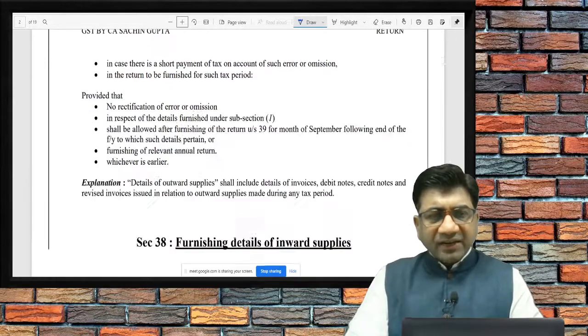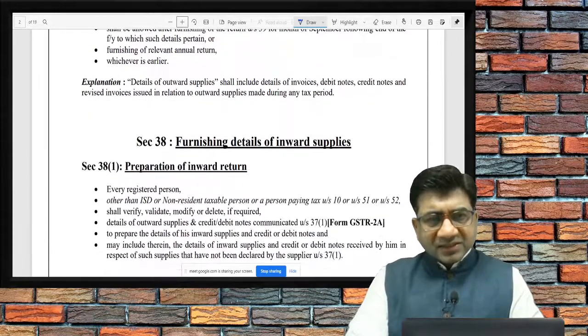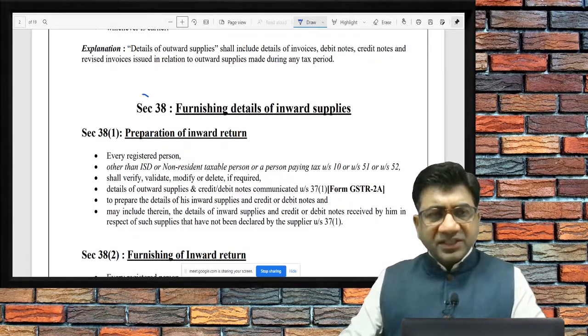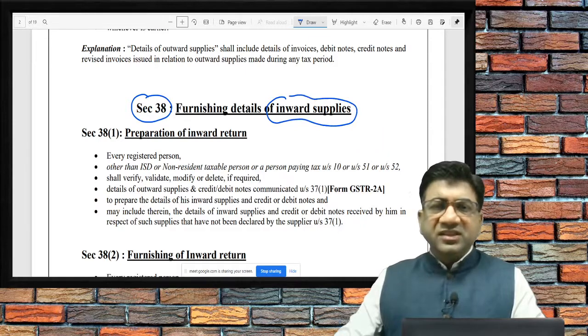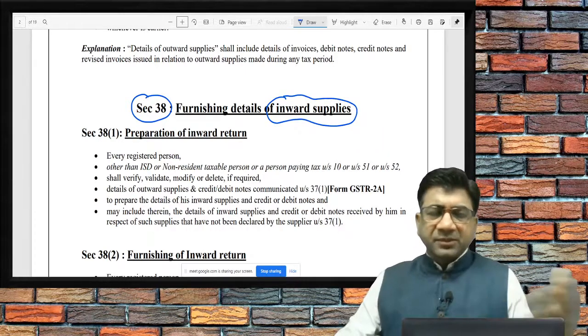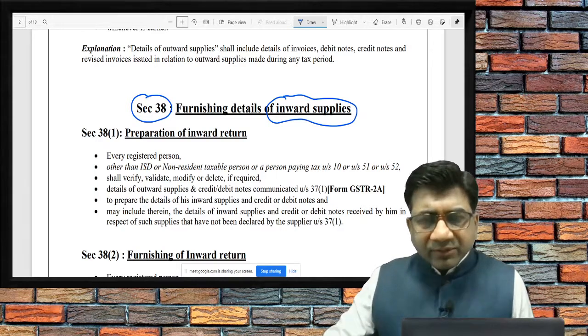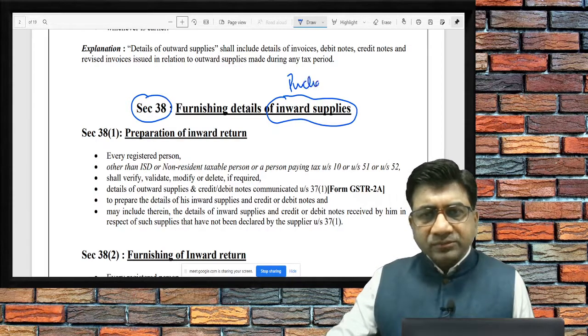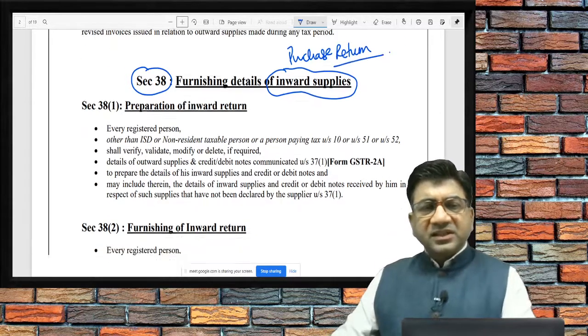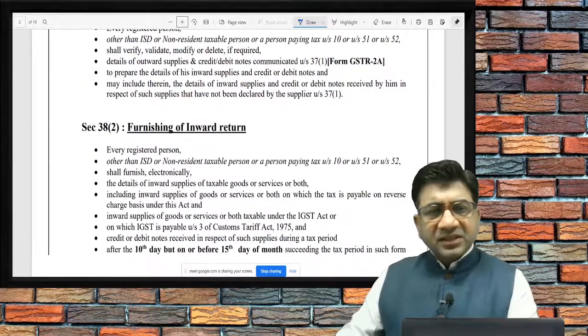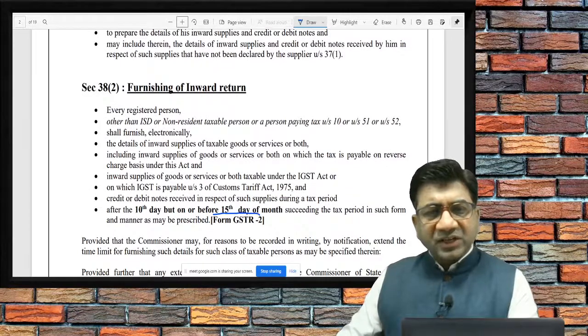Now secondly, the buyer will file a purchase return, which has not been discontinued as per the concept. These are inward supplies: Rajendran has purchased goods from me, from Vanita, from Rajeshwari. This is the purchase return, and it shall be filed in GSTR2.